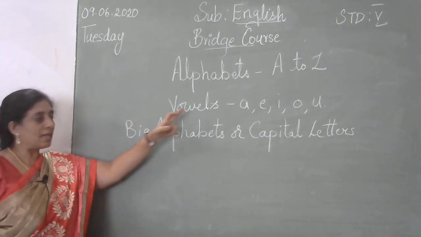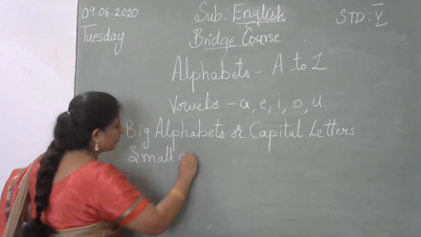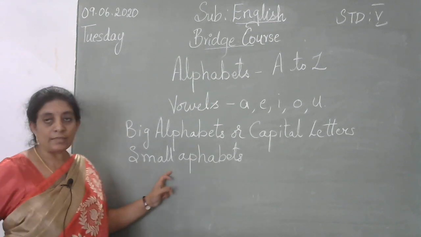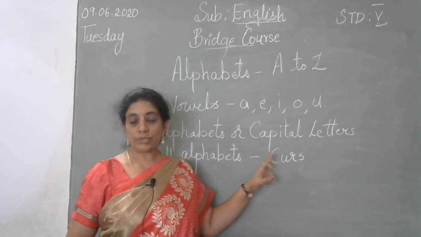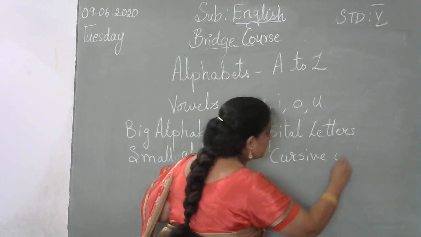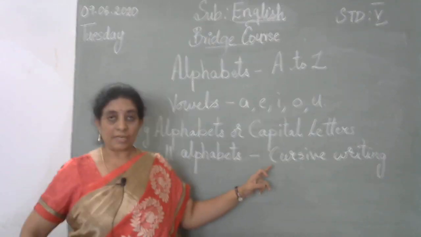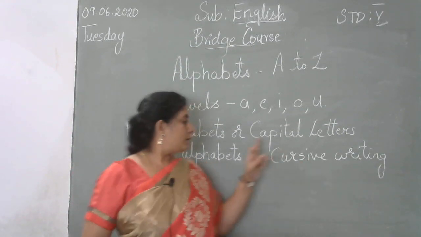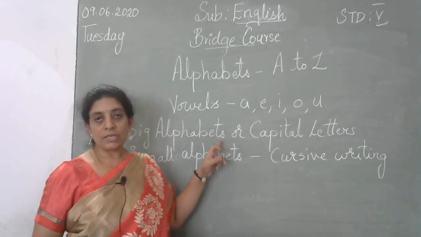And the same alphabets can be written as small alphabets. As you go to the higher classes, they can be written in cursive writing. Cursive writing is nothing but you write by joining the letters. So this is the basic thing you have to know about the English alphabets.